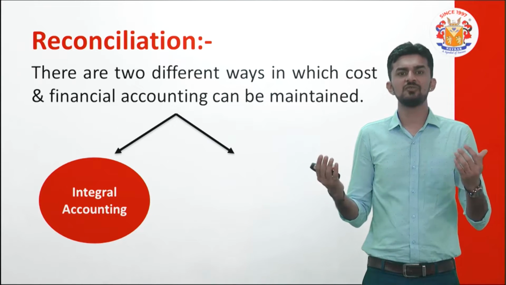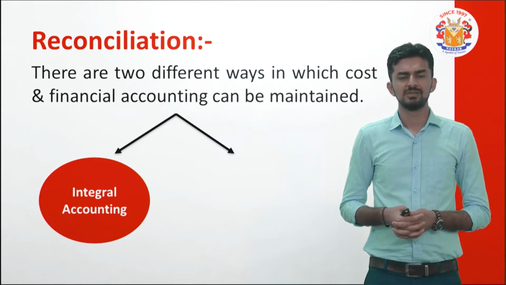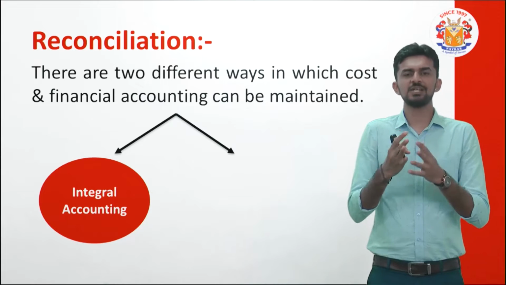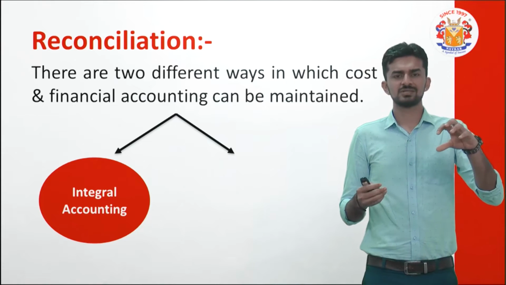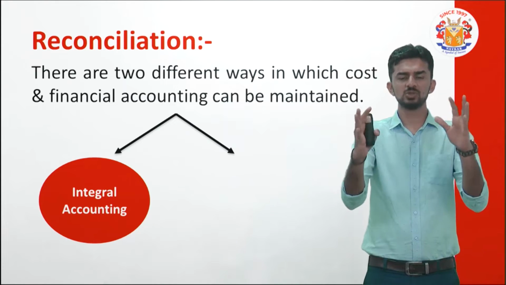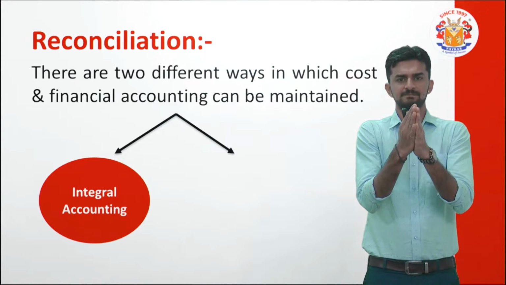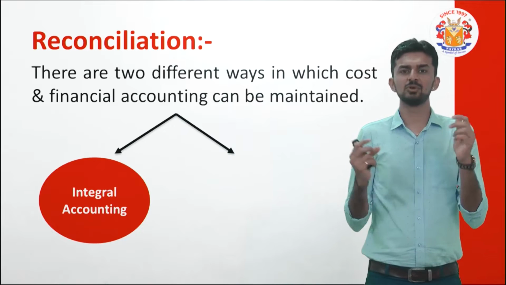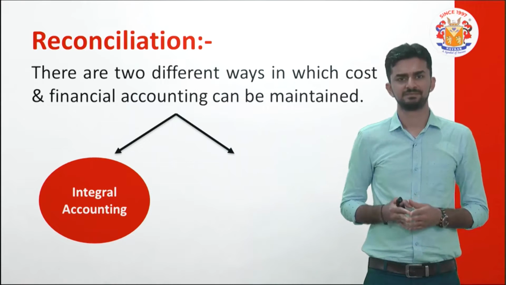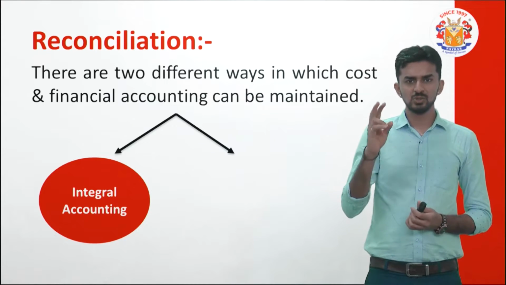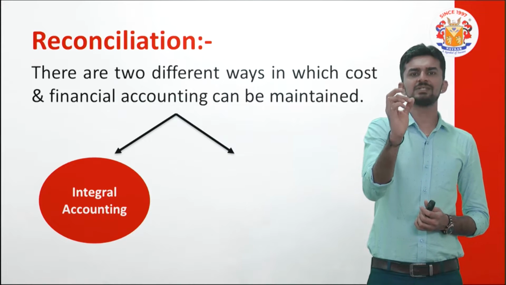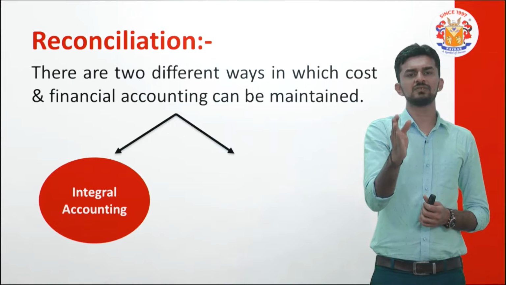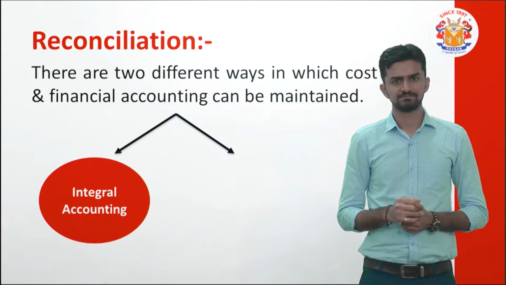What is the meaning of integration? I'm not talking about your maths, of course. To integrate means cost and finance, these two are put together. There will be only one person maintaining both sets of accounts combinedly. Only one set of books of accounts will be maintained, combining principles of cost as well as finance.